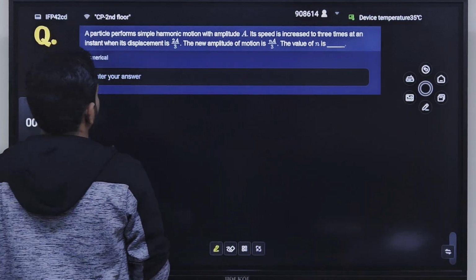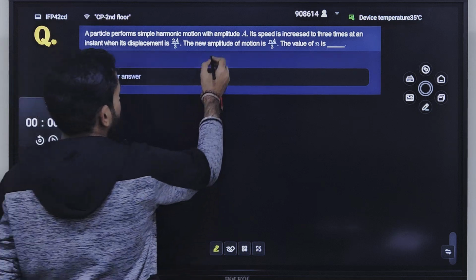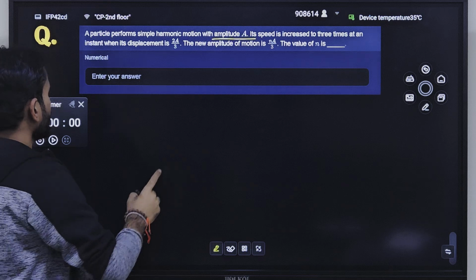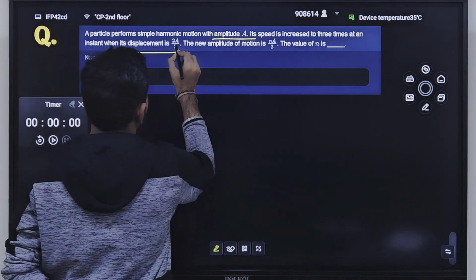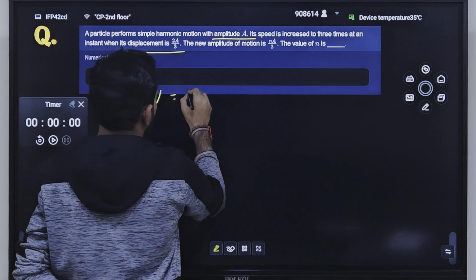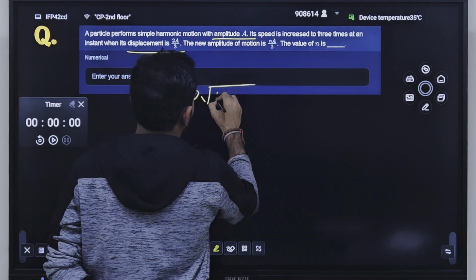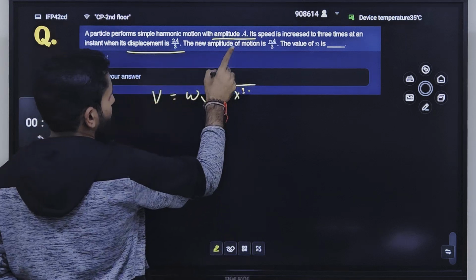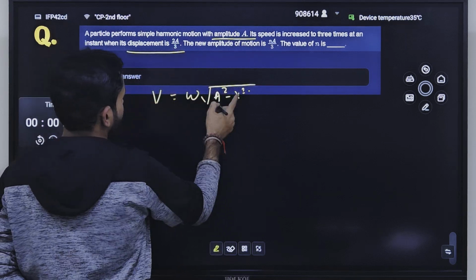See, a particle performs simple harmonic motion with amplitude A. Its speed is increased to 3 times at an instant when its displacement is 2A by 3. Firstly, what will be the initial speed? V is equal to omega root under a square minus x square. Amplitude is given as A and the position is given as 2A by 3.